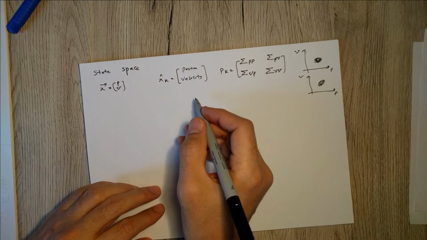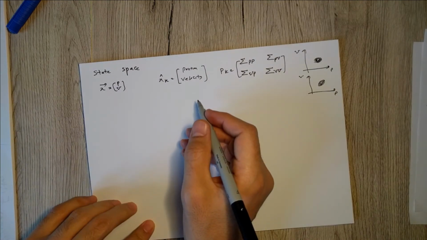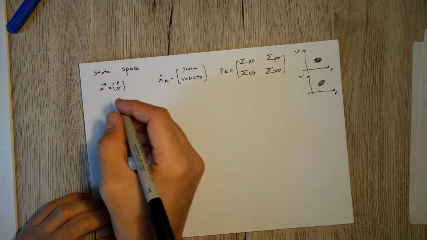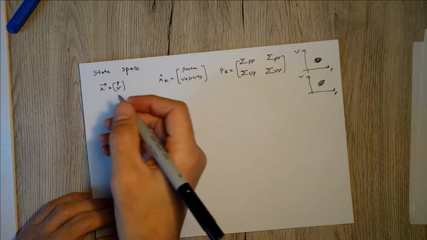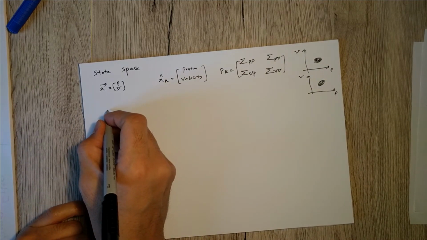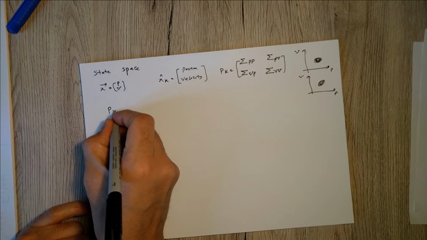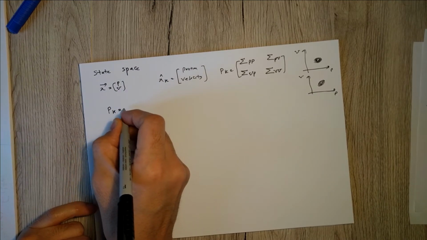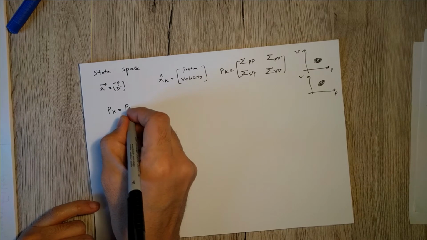Now we know from physics that if we are moving with a constant velocity and we are not exerting any force on our system, we can predict the new position based on the previous position, like this.